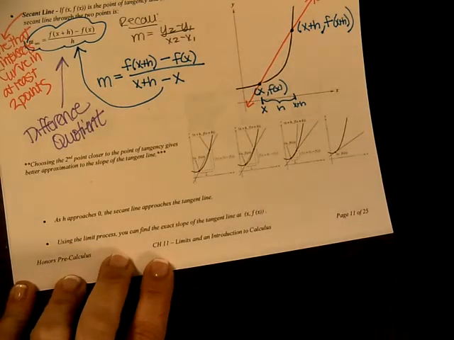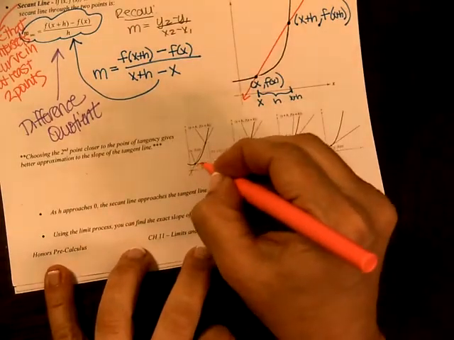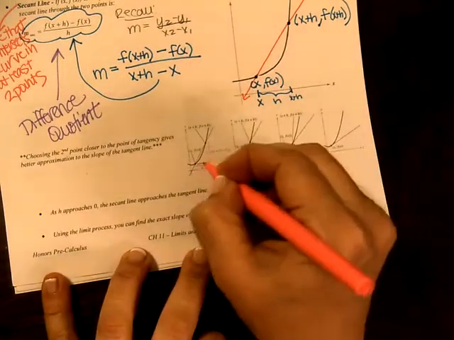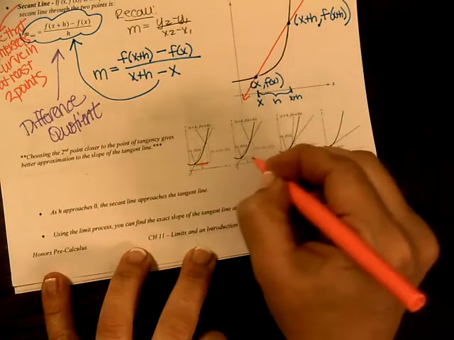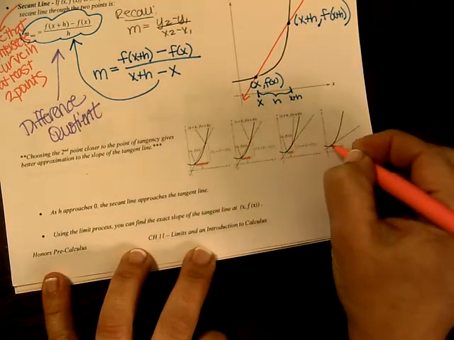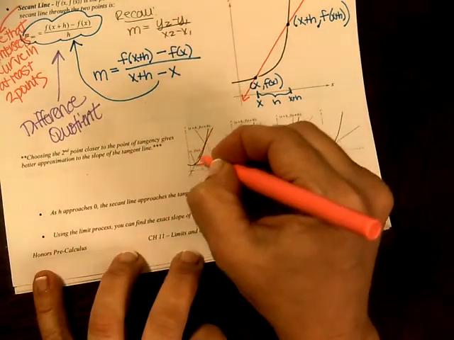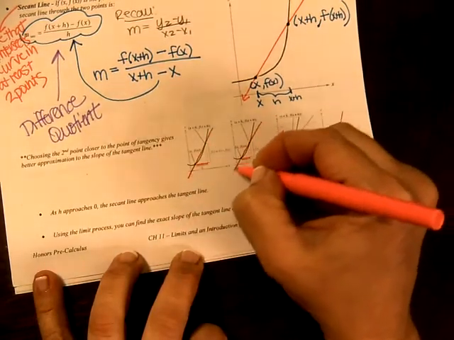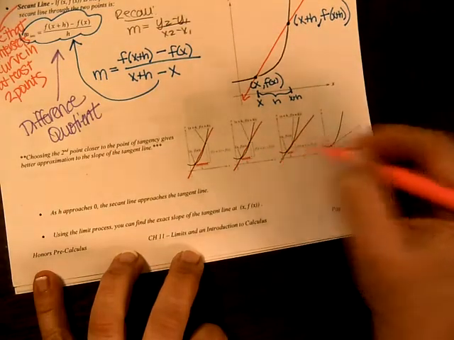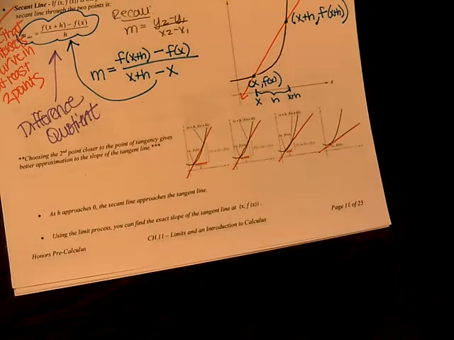Notice in this series of drawings that this h value is getting smaller. So here h was this big, h is getting smaller and smaller, until it goes to 0. And notice that then that secant line gets closer and closer to that actual tangent line, okay?